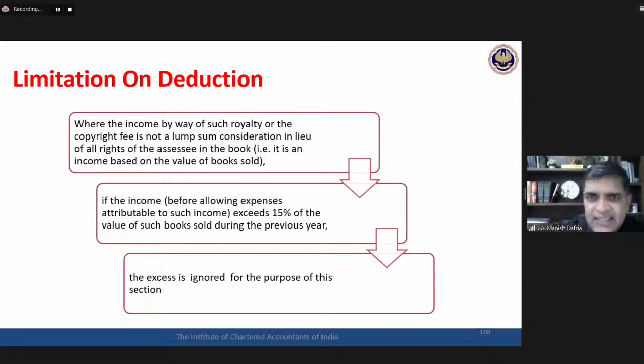So that excess income shall not be considered for this 80QQB calculation. Overall ceiling of 3 lakhs is always there, but apart from that, this is one more internal ceiling, 15% of the value of such books. Up to that much amount, we will treat this as income from book. Excess over 15% is your income, but that will not be treated as income from book for the purpose of this section 80QQB.